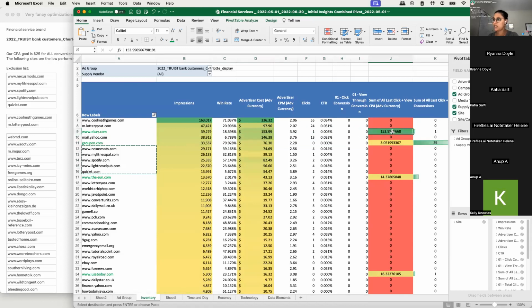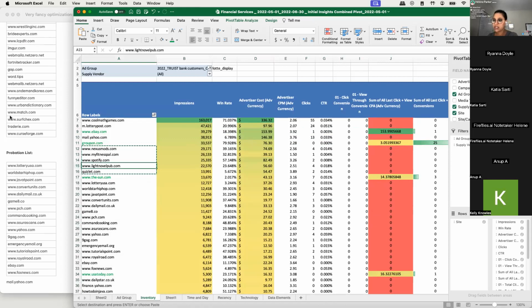Let's say eBay is still not performing, but it has some type of CPA. Even if there's a small amount of conversion, it's still not optimal. We want to bid on sites that give us the most conversions at the most optimal cost, and $153 is not it, right? So you could be okay cutting this one off after, okay?